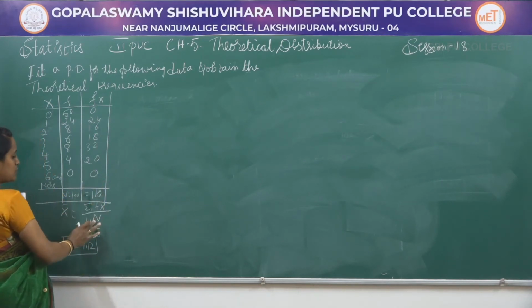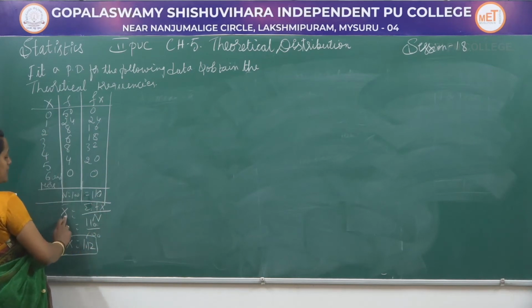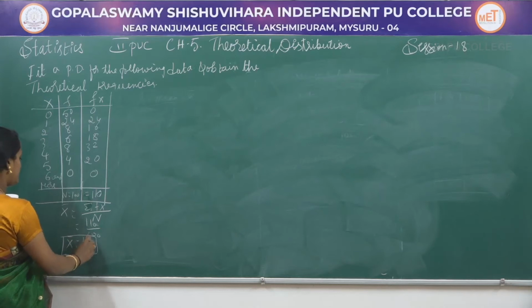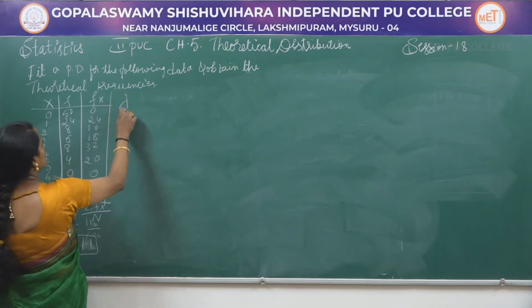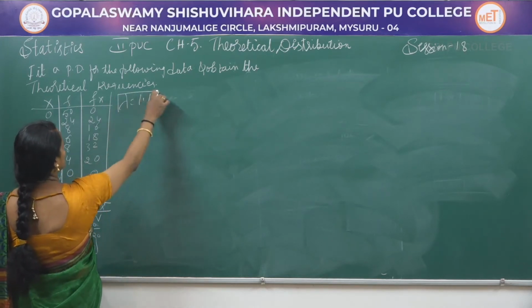Here this total is 110, so we have found the x bar value. X bar is 1.1, so lambda is also 1.1.